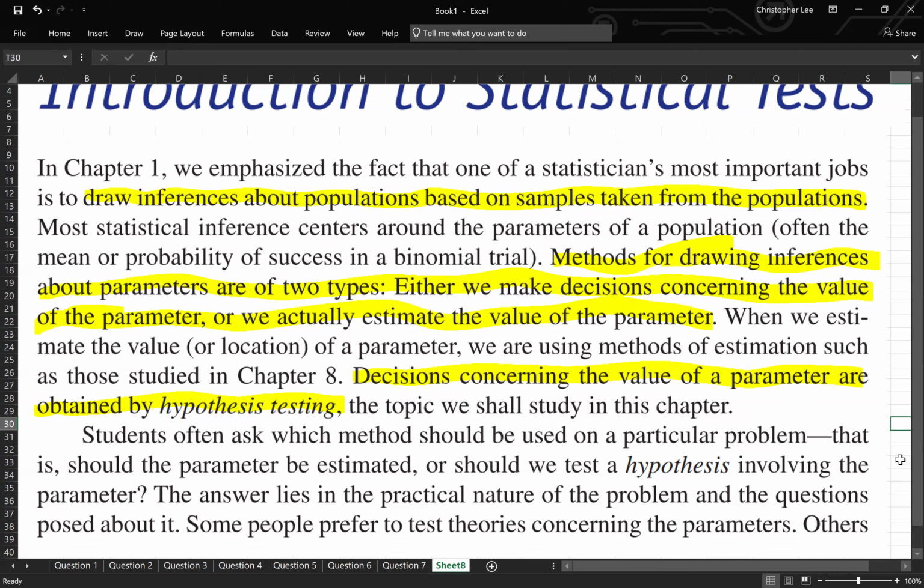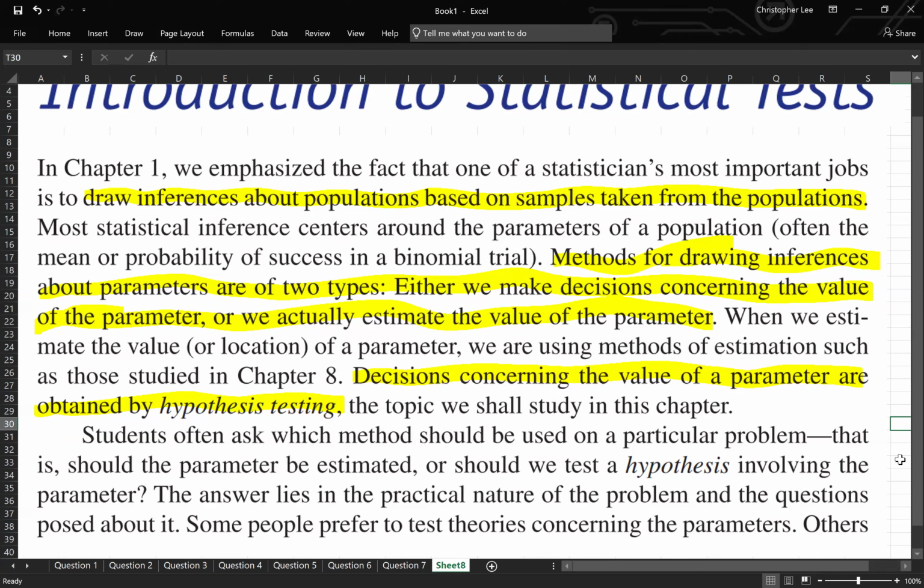Methods for drawing inferences about parameters are of two types. Either we make decisions concerning the value of the parameter, or we actually estimate the value of the parameter. So when we estimate the value or location of a parameter, we are using methods of estimation such as those we did in the last question, right?